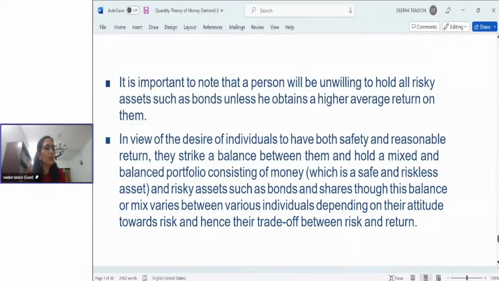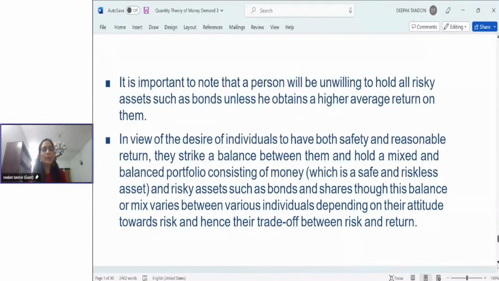What kind of balanced portfolio is Tobin proposing? He is proposing a balance between money, which is safe, obviously, a riskless asset, and risky assets. It may be in the form of bonds, it may be in the form of shares, but you have to go for a combination of these in your portfolio so that you can minimize your risk and at the same time reduce your opportunity cost of holding cash, and you can get returns also, you can create your wealth also.